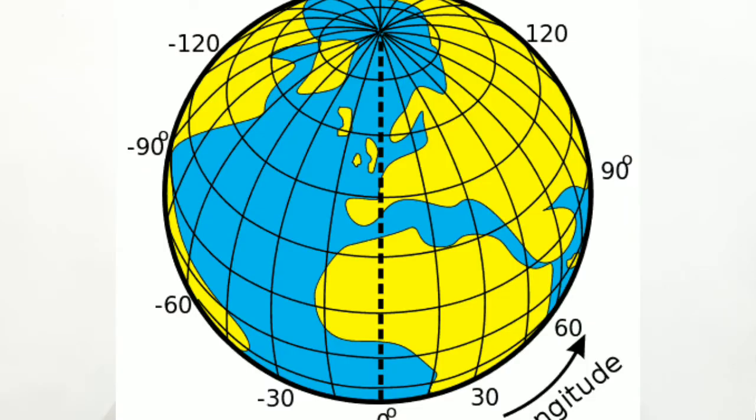As we have discussed, the earth takes 4 minutes to move 1 degree. In this manner, the places which are to the east of the Greenwich meridian will see the sun first and they will gain 1 hour. In the same manner, the places which are to the west of the prime meridian will see the sun later and their time will retard 1 hour.